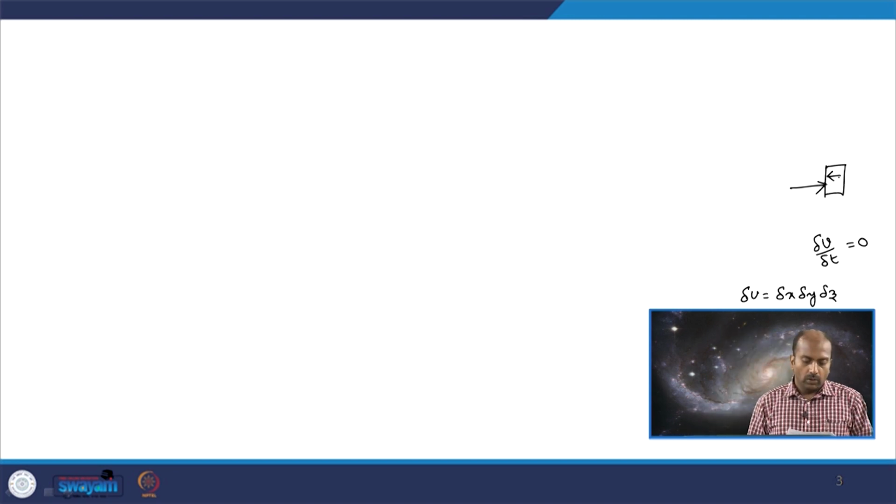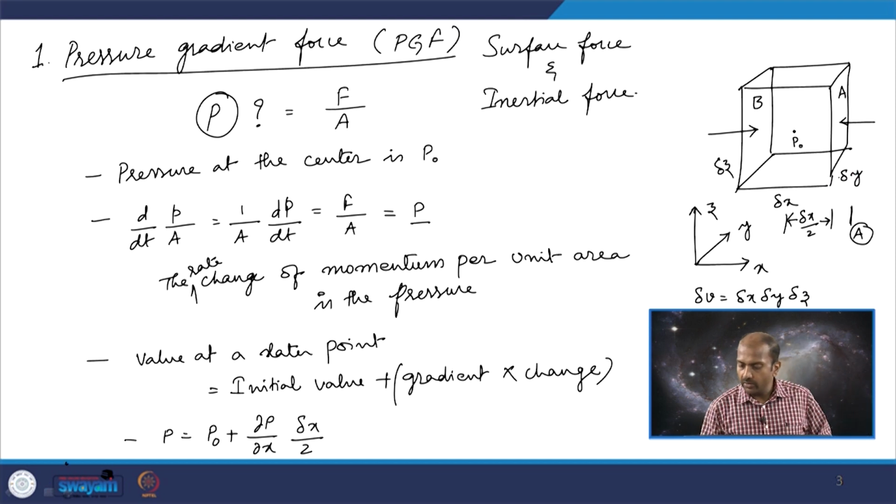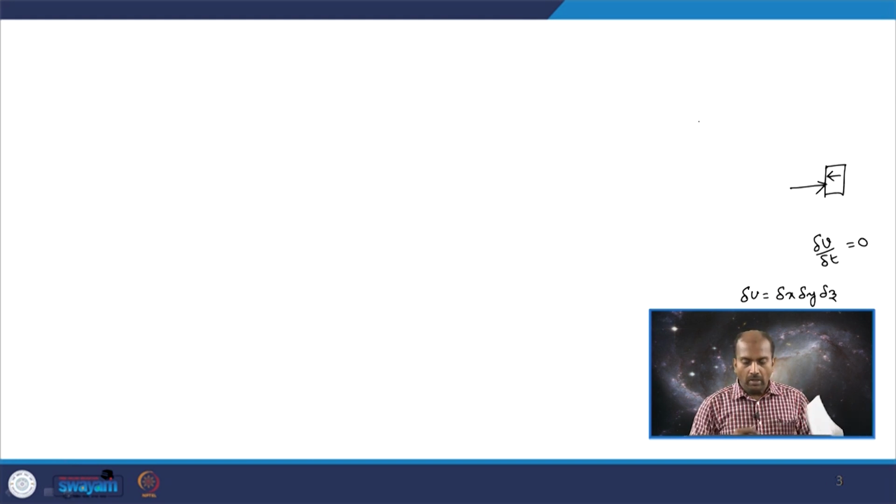Okay. So, let us say the pressure at the surface A we call P Ax and on the surface B we call P Bx.